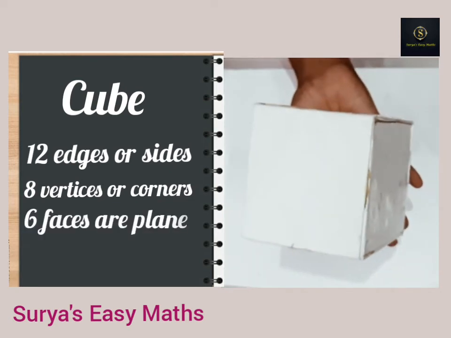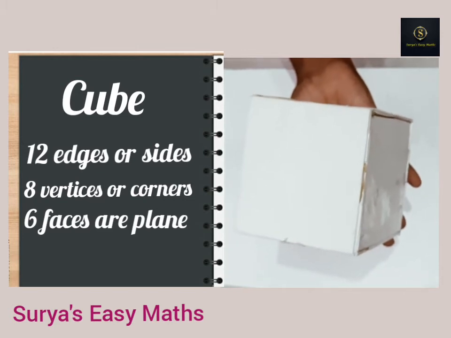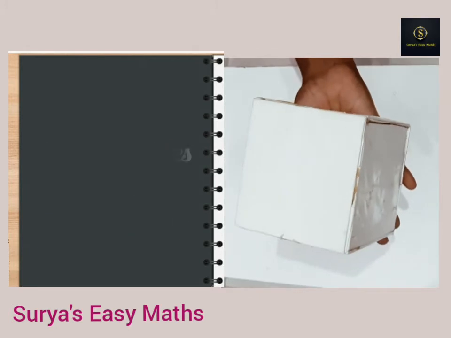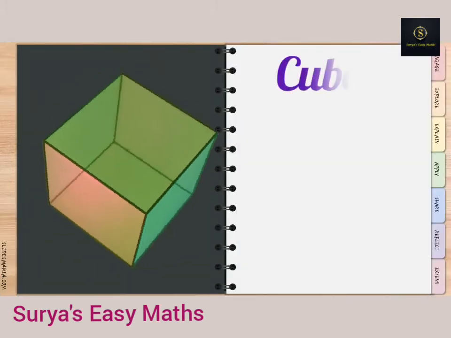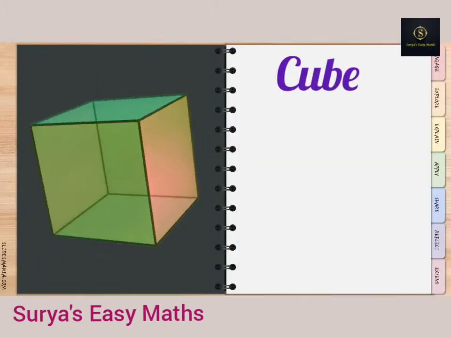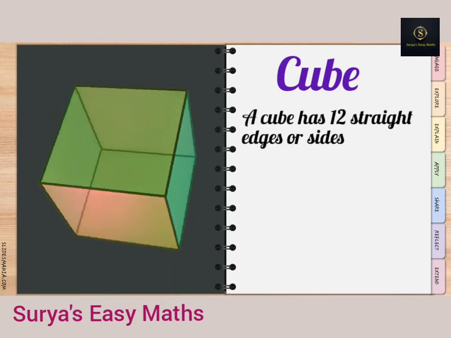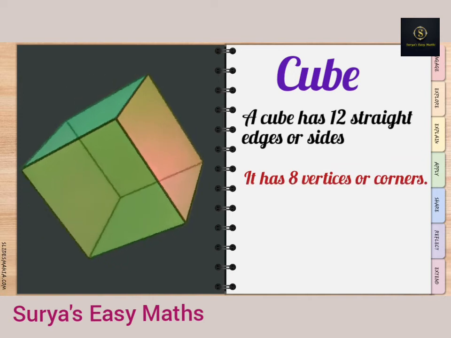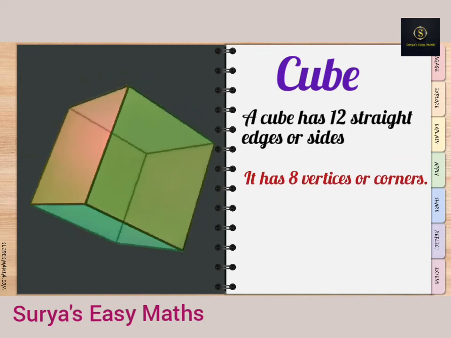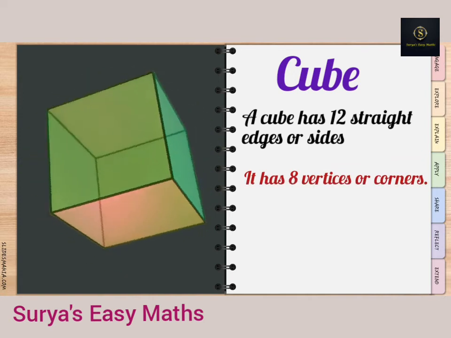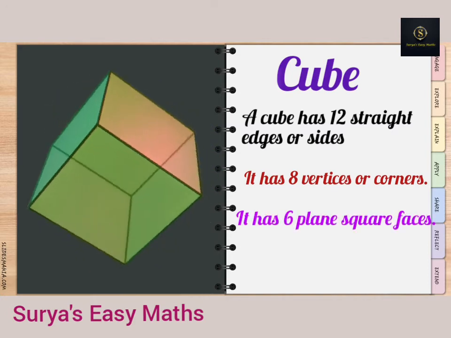So all 6 faces are plane and every face is a square. So children, we observe that a cube has 12 straight edges or sides. It has 8 vertices or corners and it has 6 plain square faces.